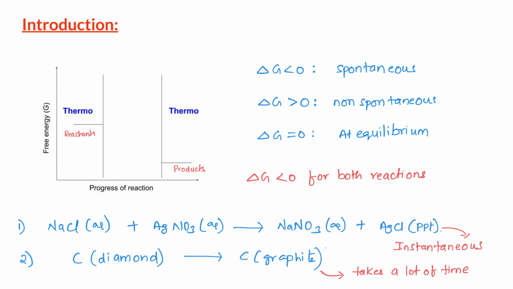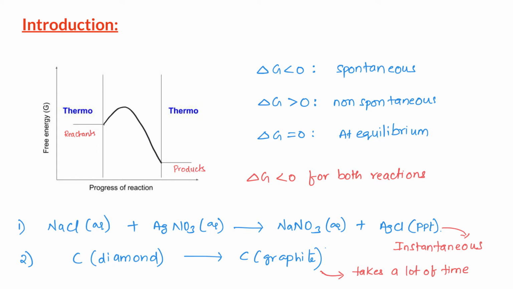Now, how fast the reaction proceeds does not depend on the initial and final state of the reaction, but it depends on the path of the reaction. That is, how the reactants are converted into the products. So, this is the difference between thermodynamics and kinetics.